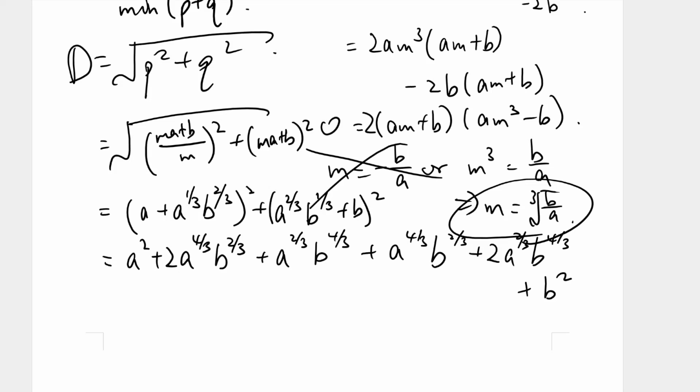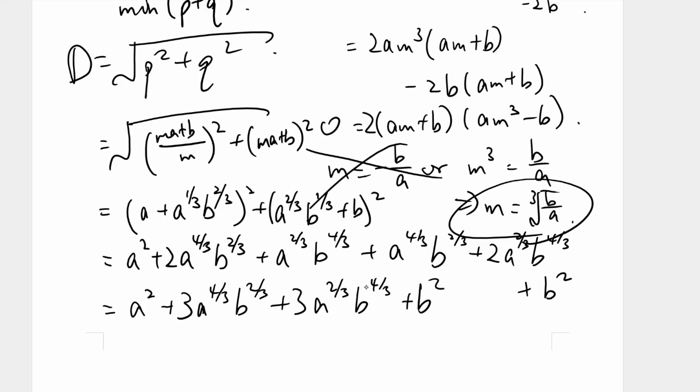Perhaps we could simplify things a bit. So I have A squared plus 3A to the 4/3 B to the 2/3 plus 3 lots of A to the 2/3 B to the 4/3 plus B squared. Aha, this factorizes properly by the binomial theorem. What is it?